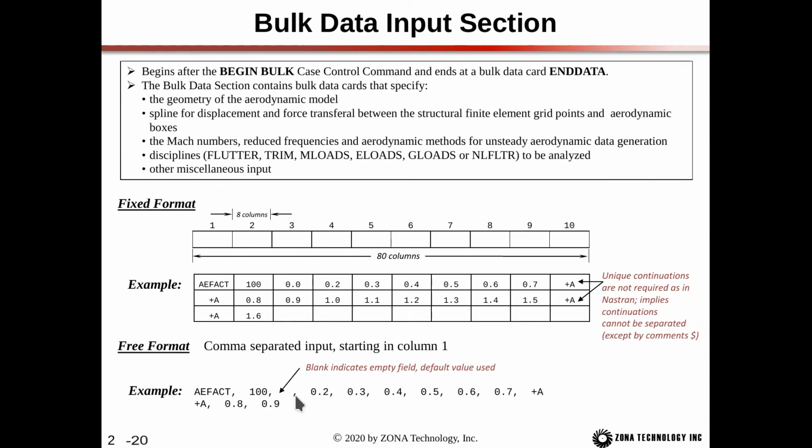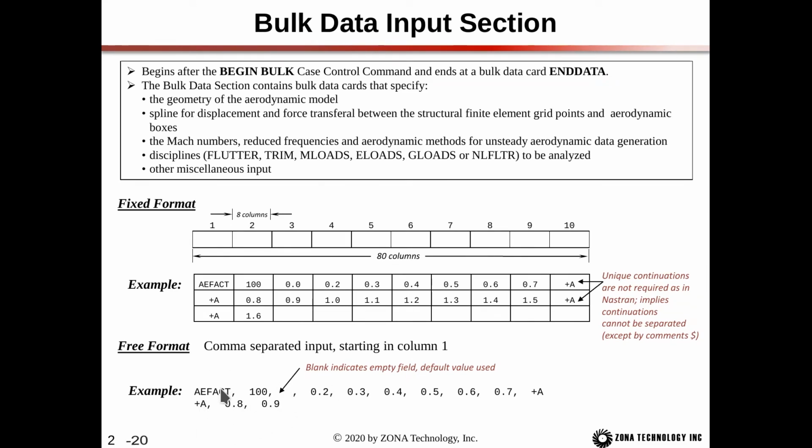The spaces before and after the commas are optional. So if you want, you could just do away with all of the spaces. But in the free format, you still have the 80-column restriction. So just be aware of that. You still cannot go beyond 80 columns.